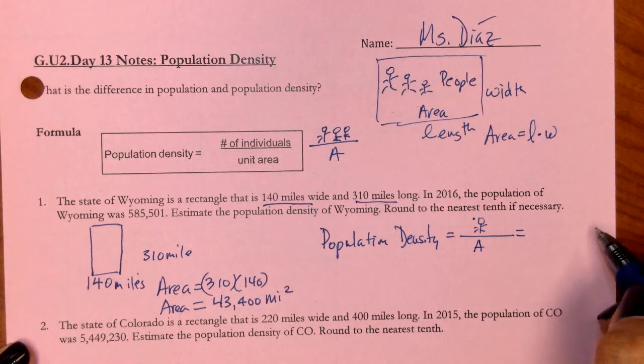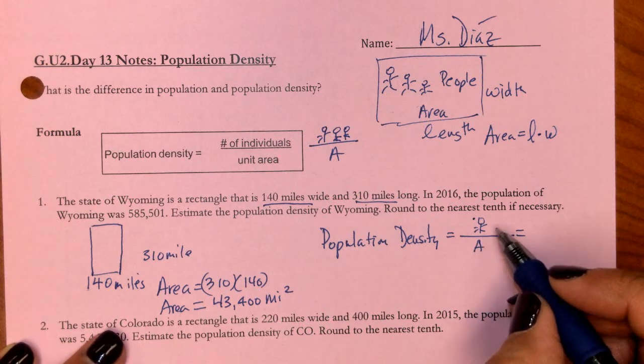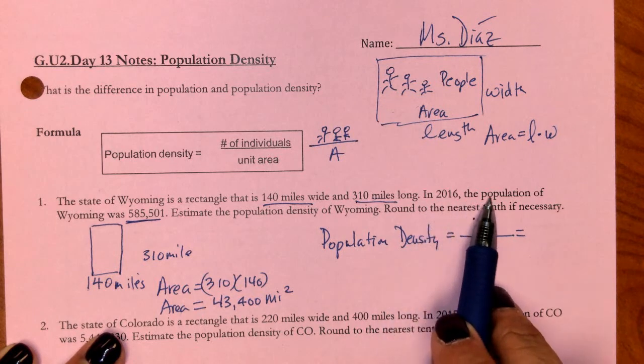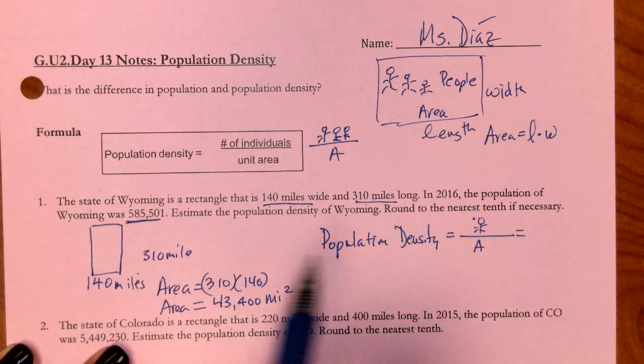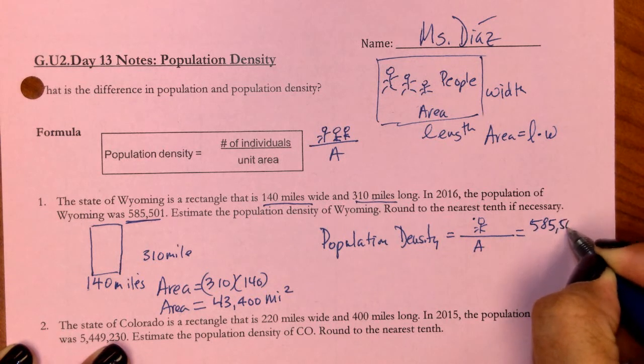So let's go ahead and put the numbers in. Here we have number of people. They gave that to us. Here it is: in 2016, the population of Wyoming was 585,501.